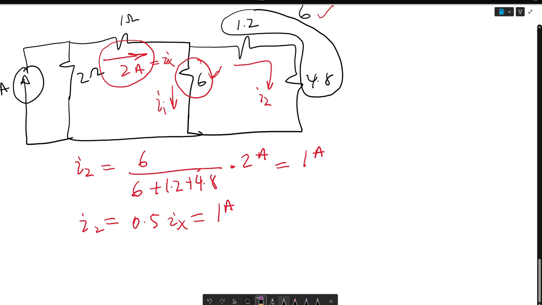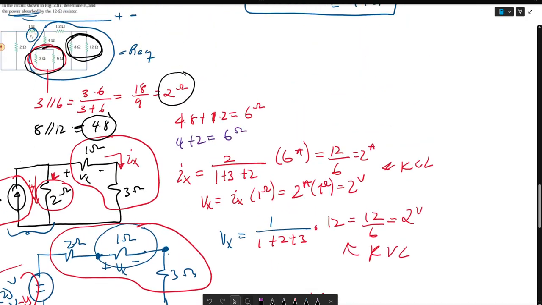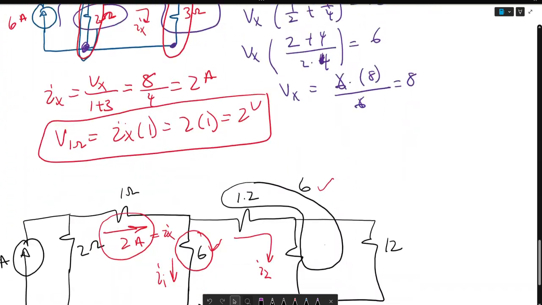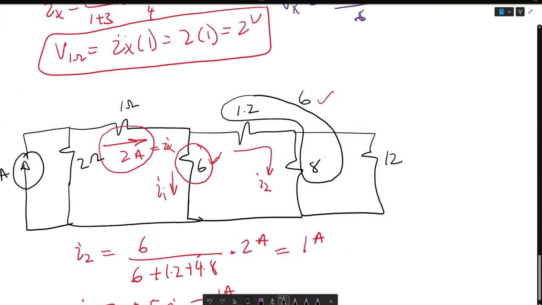So now, if we cancel this out, so this is 4.8, and consider that the voltage across here, this is 12, right? And rewrite the original problem of 12 and 8. So 12 and 8.